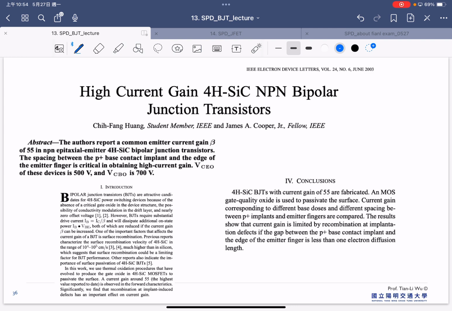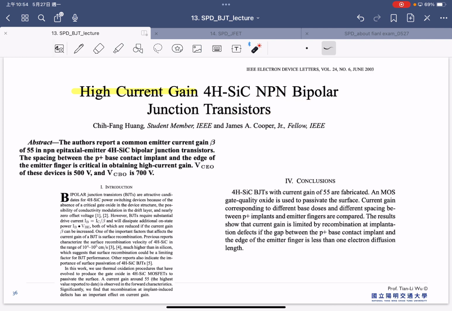So you can see the title is high current gain. That's why we put a lot of time into explaining the current gain, because in the BJT world everyone is really paying attention to the current gain. So the title is high current gain silicon carbide NPN bipolar junction transistor.